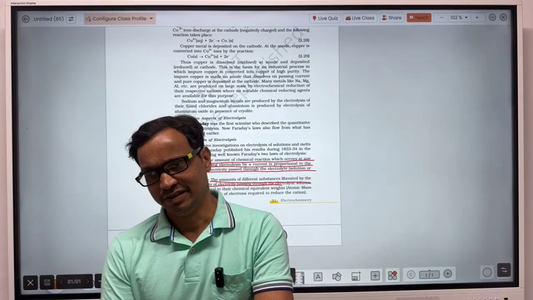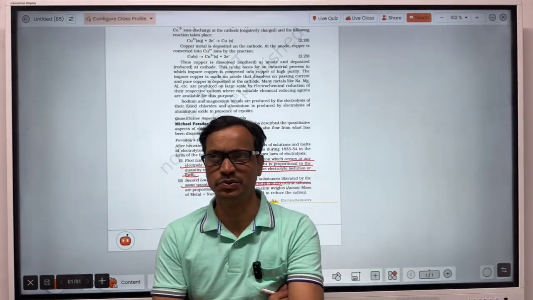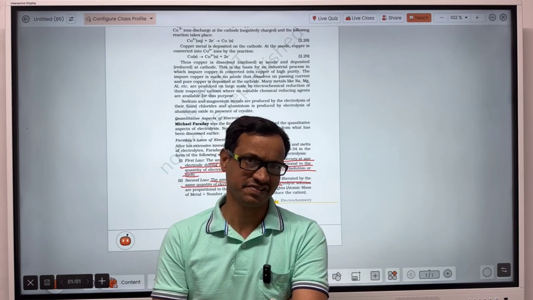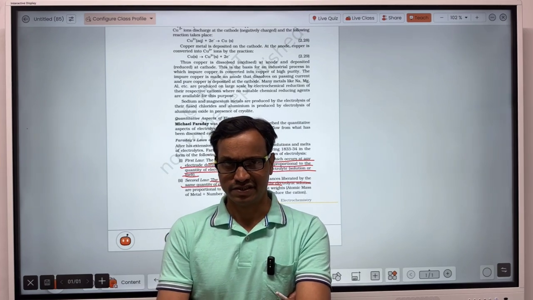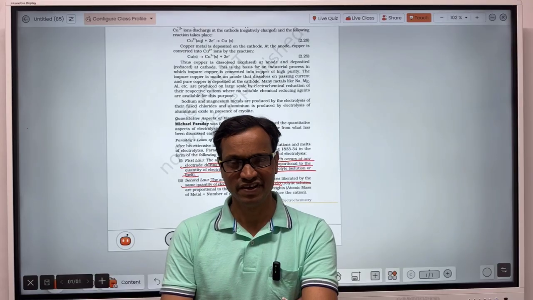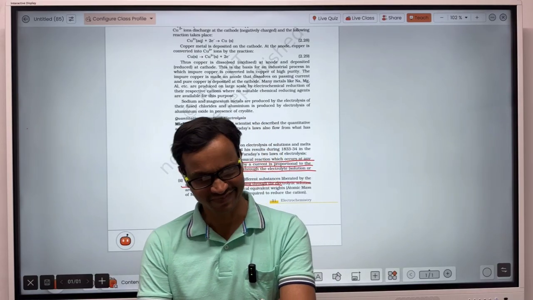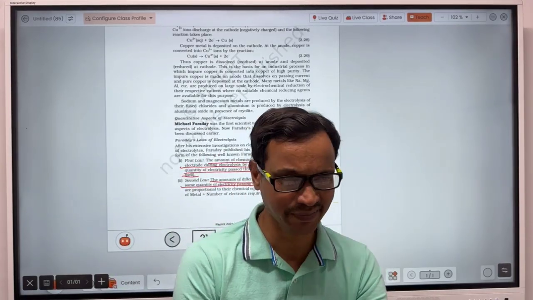That means if the same quantity of electricity passes through different solutions, then the same number of gram equivalents of the substance will deposit at their respective electrodes. What is gram equivalent or equivalent weight?